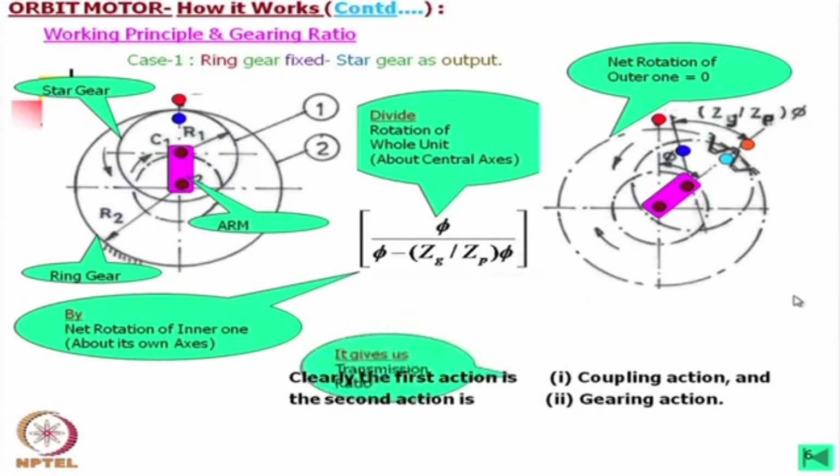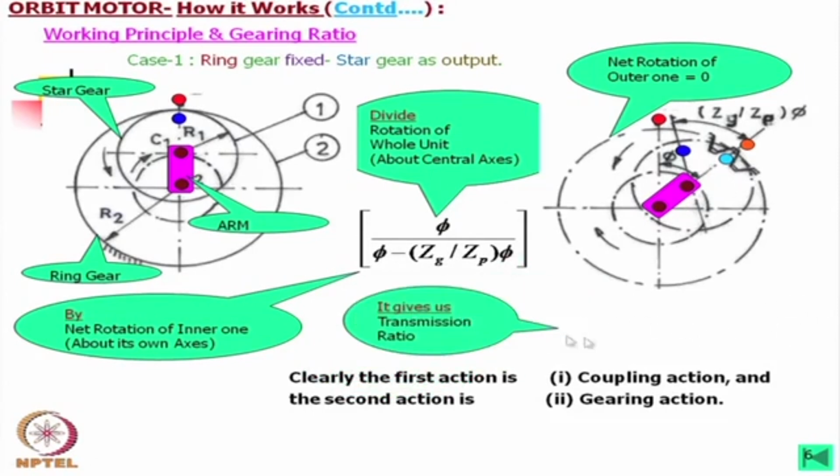If we equate further, we will get the transmission ratio, which is equal to minus Zp over (Zg minus Zp). So this is the difference of the teeth numbers, and this is the teeth number of the star. The minus sign is coming due to the fact that while the input is in the clockwise direction, the output will be in the anti-clockwise direction.